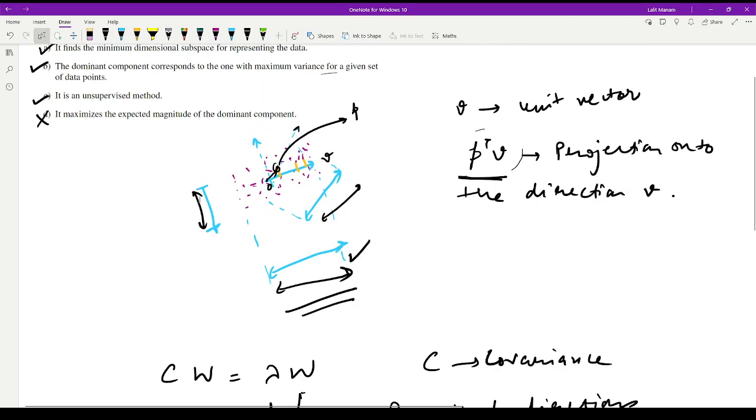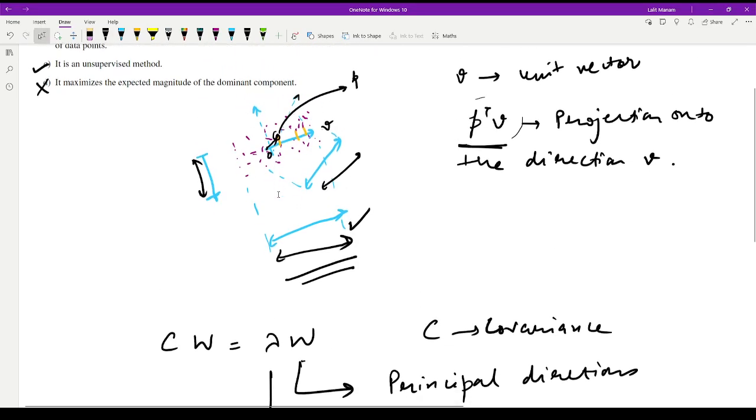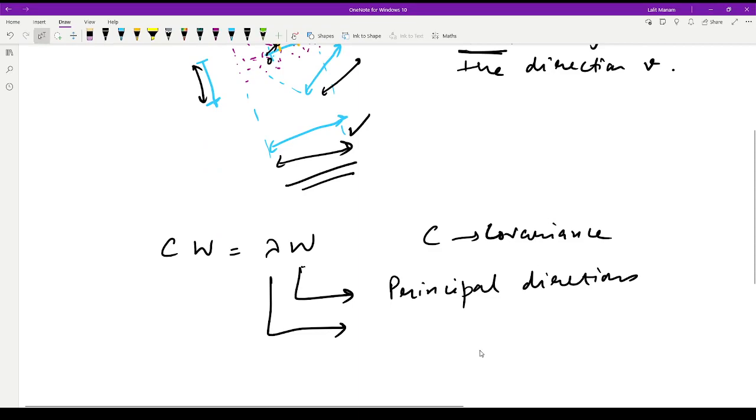For this specific example, since we are in two-dimensional space, lambda can only take two values, and there will only be two principal directions corresponding to the two lambdas. So this is the covariance of data. I hope this part is clear. Any doubts?